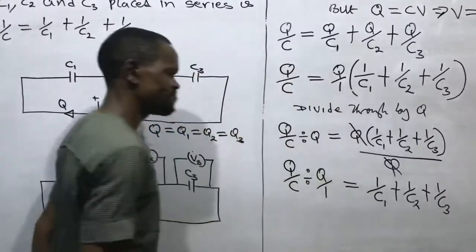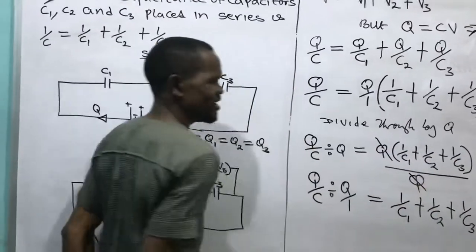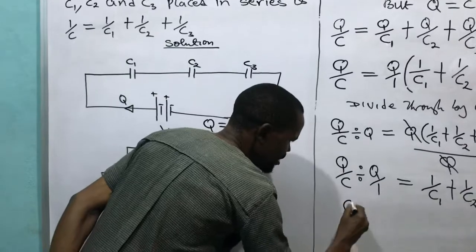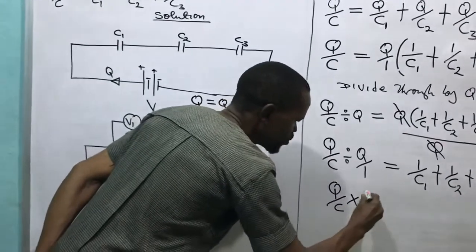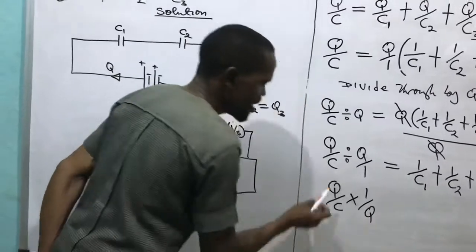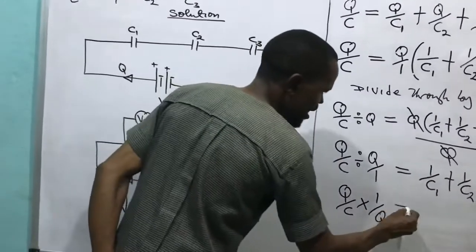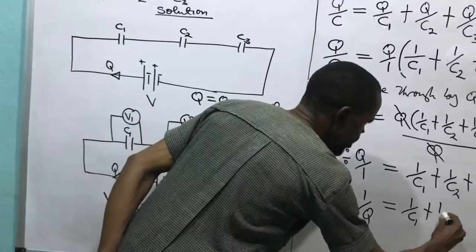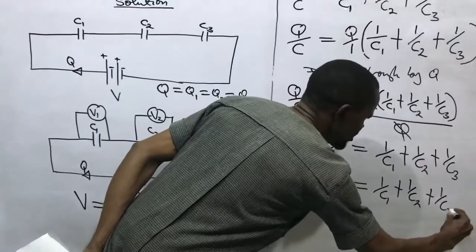You remember? If I kill this, the man is free. Then now, what happened here? I'm dealing with this person now. This all over C times 1 all over Q. You remember? This division, it will invert. Multiplication will be applied. Equals to 1 all over C1 plus 1 all over C2 plus 1 all over C3.